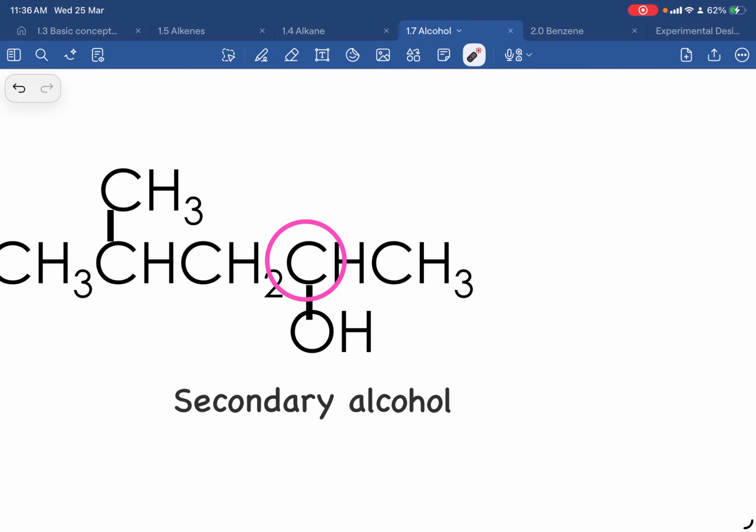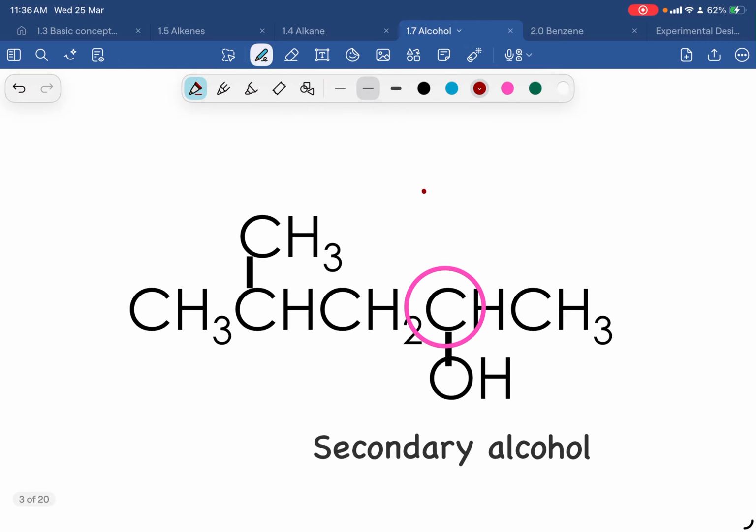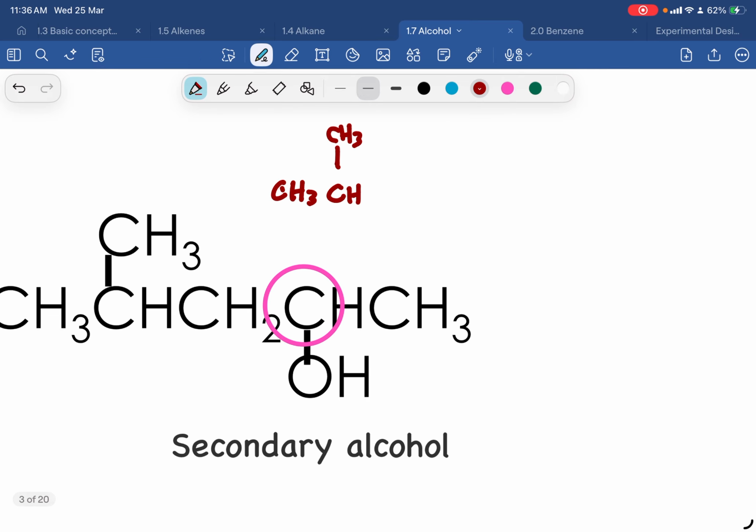If you are not sure, open up your structure, and you get something like CH3, CH, CH3, CH2, C of our interest, H, CH3, OH.